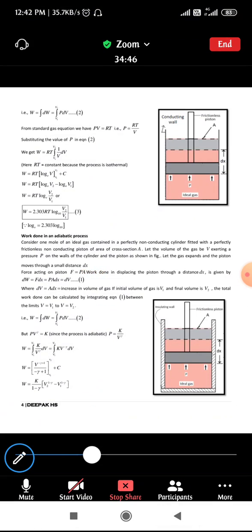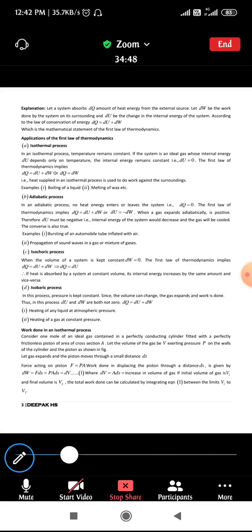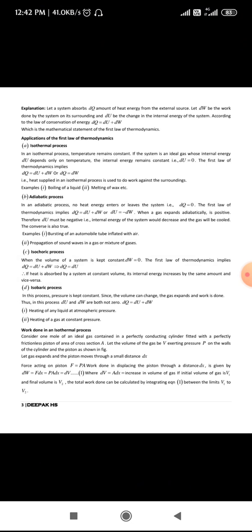So do one thing. Today's assignment is to practice all four applications of the first law of thermodynamics, that is isothermal, adiabatic, isochoric and isobaric. Write that down. Next, the work done in an isothermal process derivation. Practice it. When you see it, you will think, oh, only this much, right?